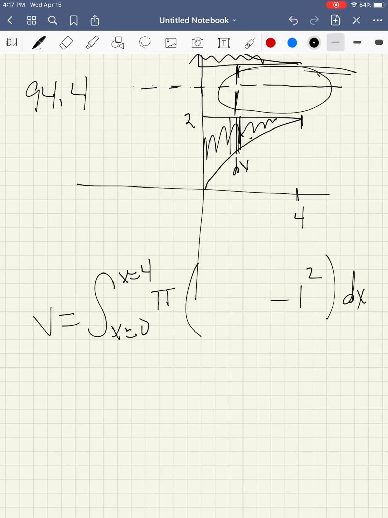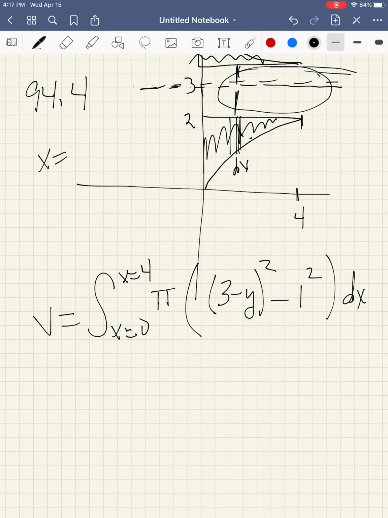So now we just have to get this radius. Now, instead of it being 2 minus y, it's coming about this line right here. So the radius is going to be, remember that's 3. The radius will be 3 minus y. So this will be 3 minus y quantity squared. But we can't have x's and y's in an integral.